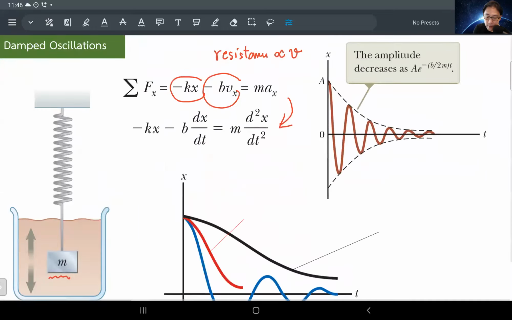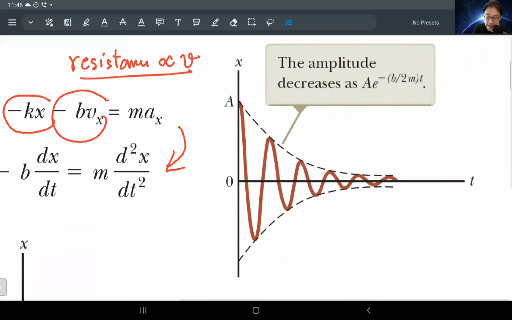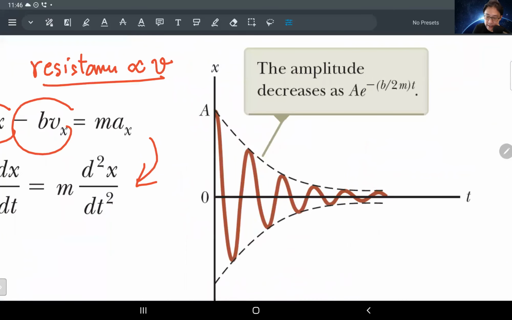However, if you agree with the resistance that relates to the speed in this form, so the resistance is linearly proportional to the speed of the mass, it turns out we know the characteristic of that decrease. It turns out to be exponential decay. Whoa. All right, but we don't care. Don't worry about it.